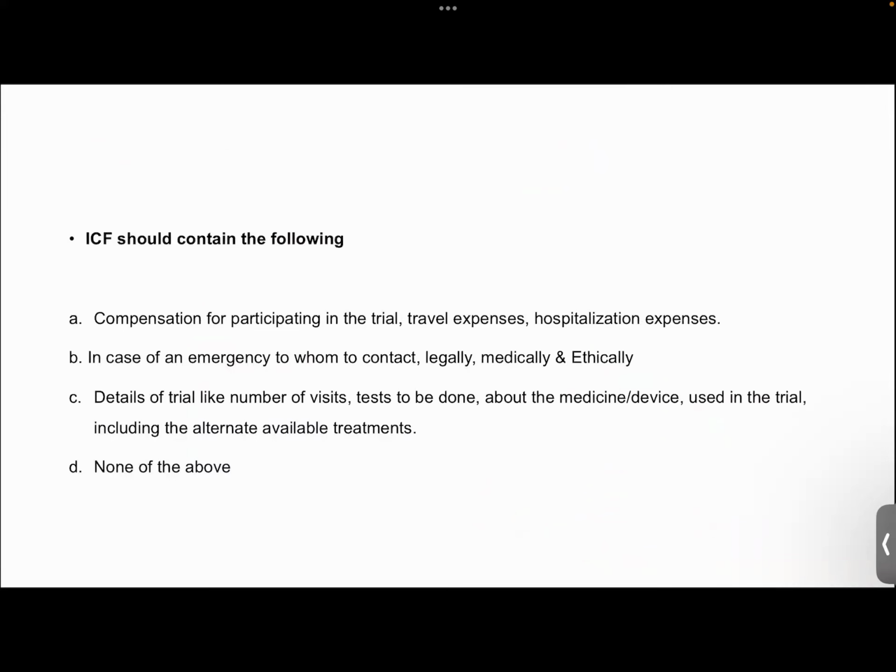Okay. Do you want to answer this? You can keep your answer in the chat box. I'm not reading, you can just take a look and answer. It's easy, we have covered it.